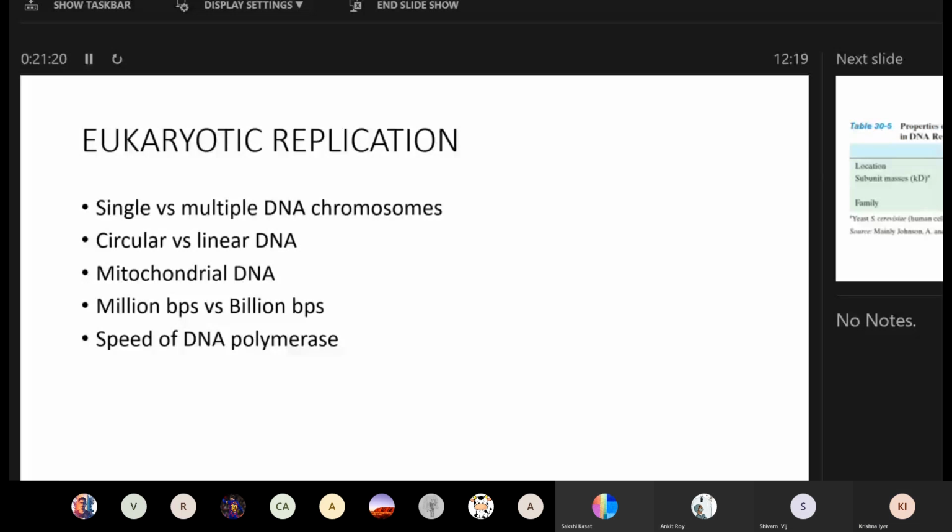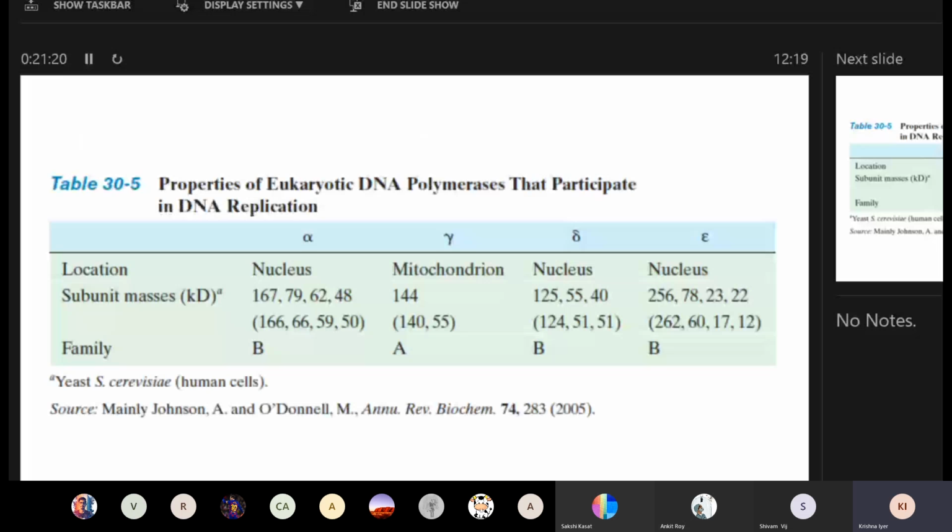Now, look at our polymerases. If you remember, the polymerases in E. coli were called polymerase 1, 2, and 3. Eukaryotic polymerases tend to be numbered as alpha, beta, gamma, delta, epsilon, and so on.